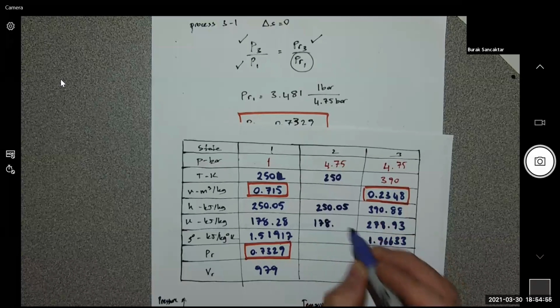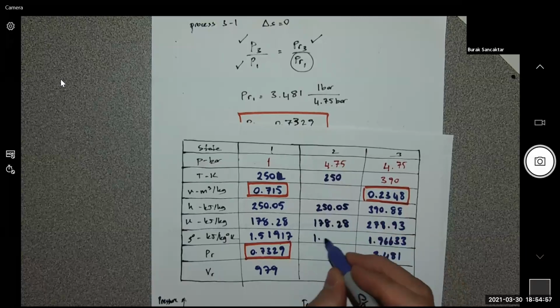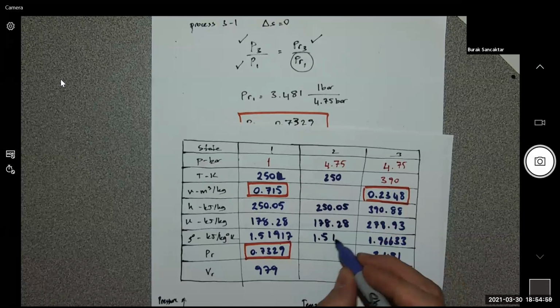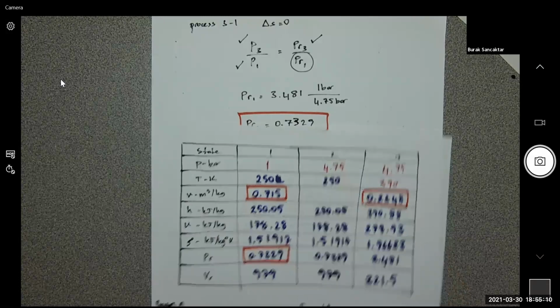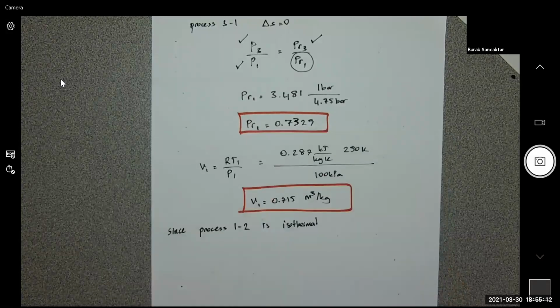Internal energy 178.28. S0 is 1.51917. VR is 0.7329. And VR is 979. But I need to calculate my specific volume at state 2.